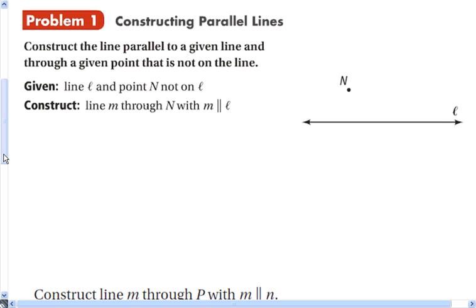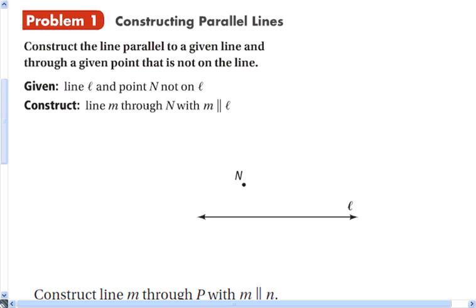So what I want is a line that goes through the point N and is parallel to line L. And to do that, I'm going to use the converse of the corresponding angles postulate, which says that if corresponding angles are congruent, then lines are parallel.